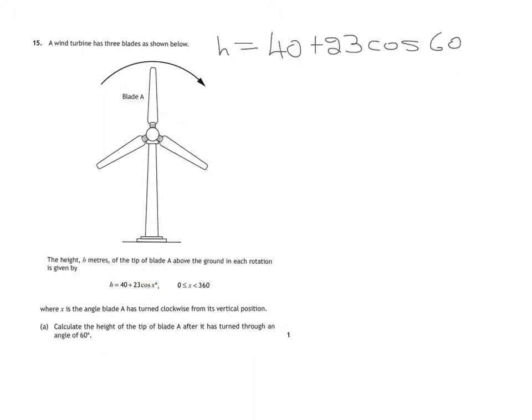So subbing that in, the height of the blade is going to be equal to 40 plus 23 cos 60. So you chuck that into your calculator to get your actual height. So putting that into your calculator, you get 51.5 metres. So that's your 1 mark there.